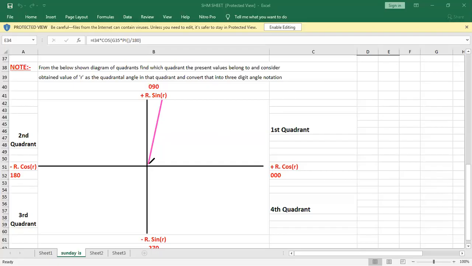Same way, if you are in the first quadrant and you get a value of 80 degrees, that is when r cos r and r sin r are both plus values, you are from here, and this is already anti-clockwise from 000 degrees. So this is equal to r.